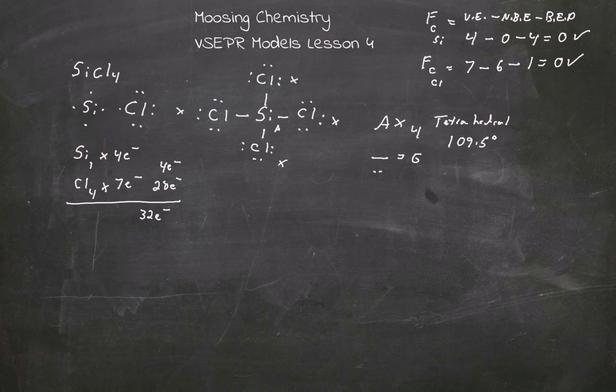So we have 4 things that we have to fill in, so that would give us sp3. So our silicon is equal to sp3. Now let's check out the chlorine just to make sure. So our chlorine has 1, 2, 3, 4 also. So each chlorine is an sp3 hybrid orbital.